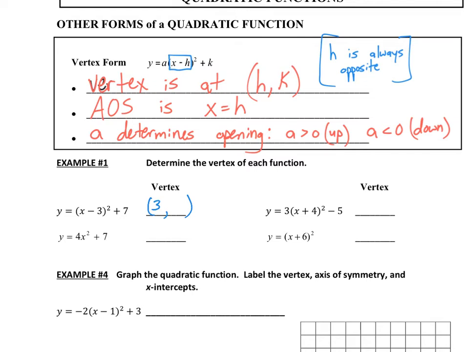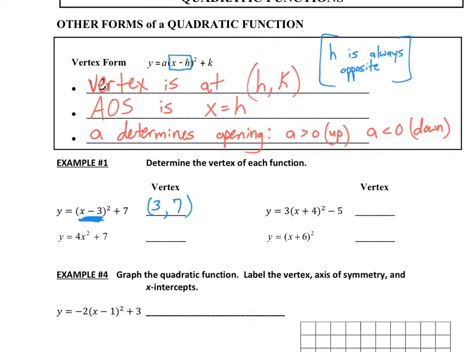Sorry, h is opposite, k is the same, so k is just 7. H is opposite because we want to think about what will make this be 0. So positive 3 minus 3 is 0, and the shortcut way is just think opposite.